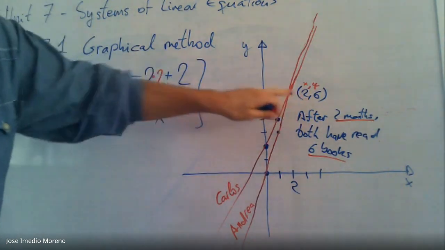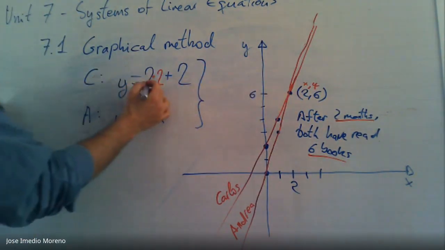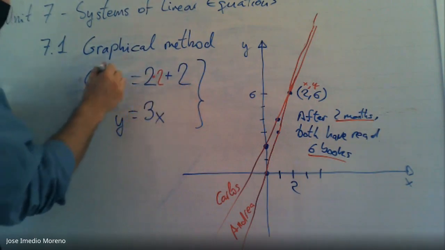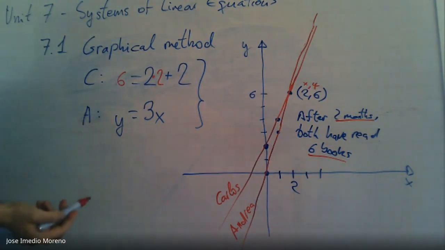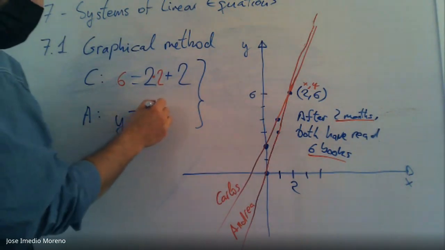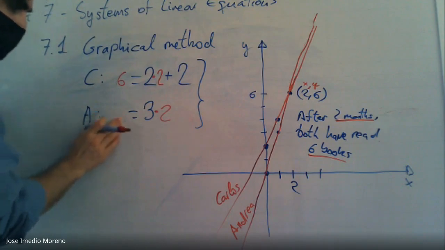When x equals 2, y equals 6. 2 times 2 is 4, plus 2 is 6. So it is true. Let's see if in the other equation it's true as well. If x is 2, this is going to be 3 times 2, and 3 times 2 is 6.